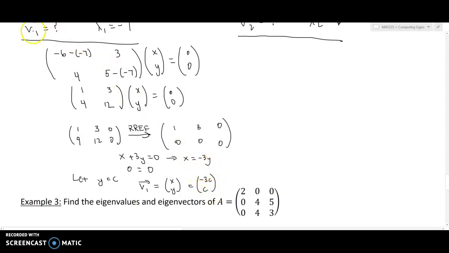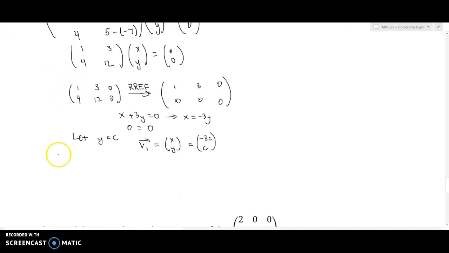So an easy choice is to choose c equals 1. You can pick any c value that you'd like, but if I choose c equals 1, then I will end up with v1 being equal to negative 3 times 1 and 1.